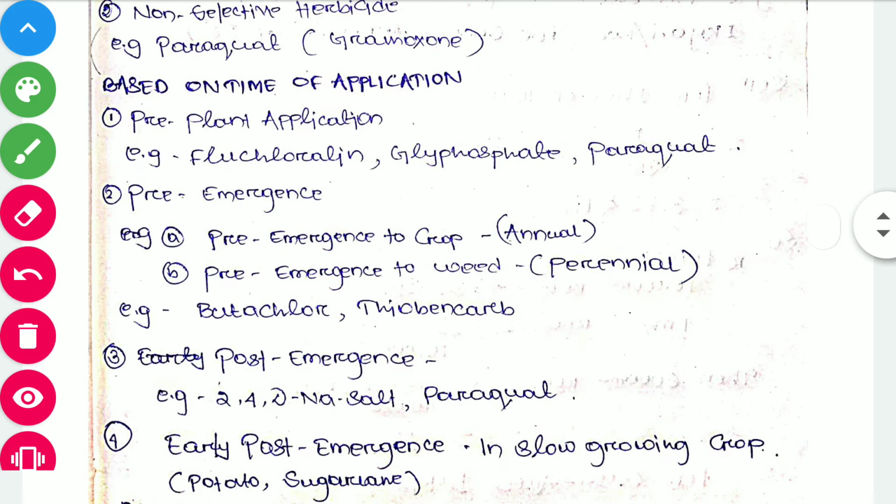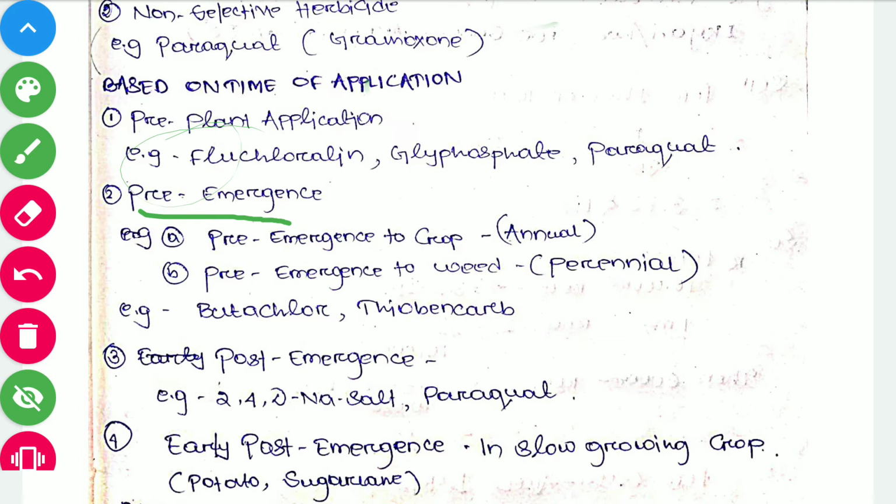Then come to pre-emergence herbicide. In a pre-emergence situation we will apply the herbicide after the sowing of the crop but before the emergence of the crop.